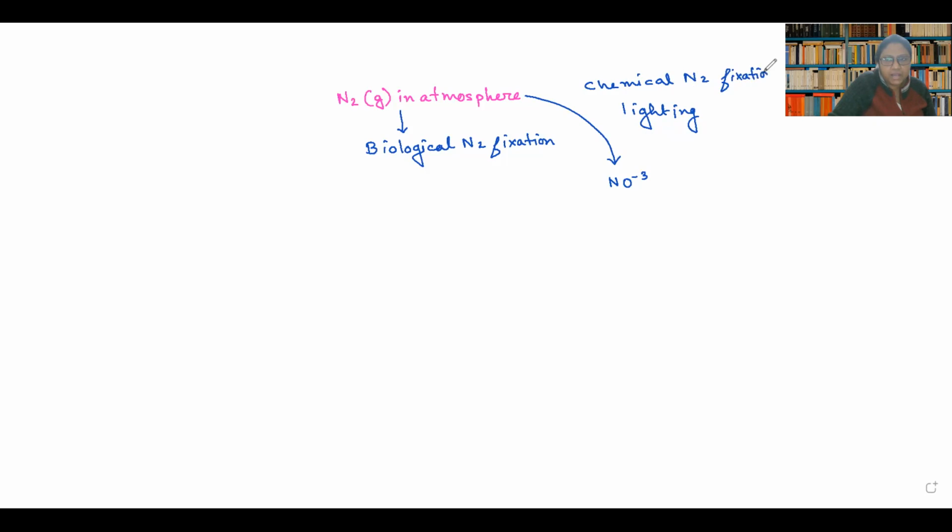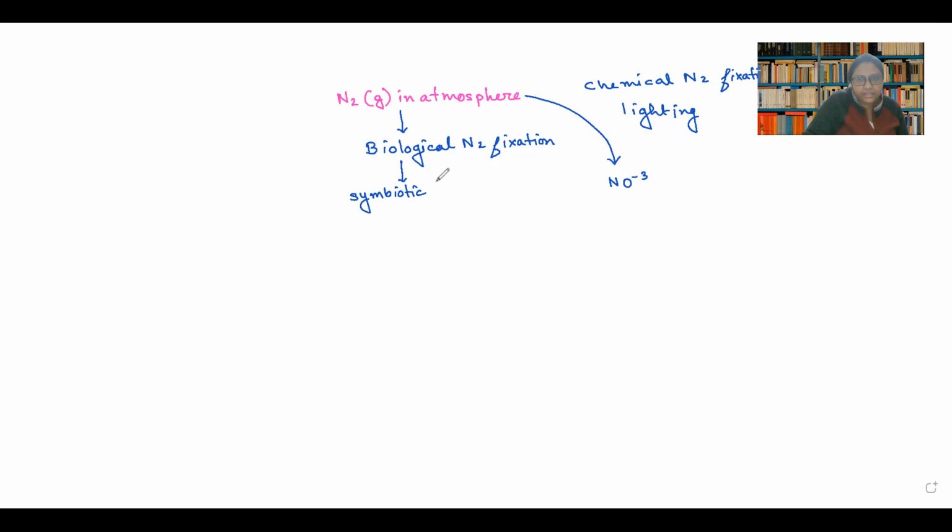In biological nitrogen fixation, there are symbiotic nitrogen fixers like Rhizobium. Rhizobium is a gram-negative bacterium which is associated with the nodulated plants like those of the Leguminosae family, like Pisum sativum, that is pea. They are associated with the roots of these plants and they fix nitrogen.